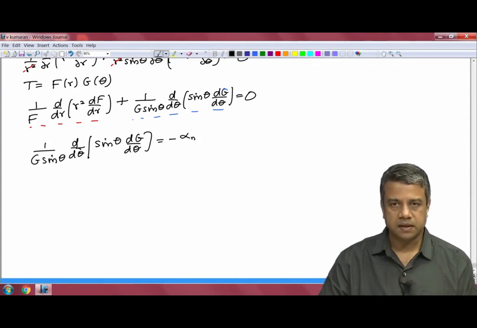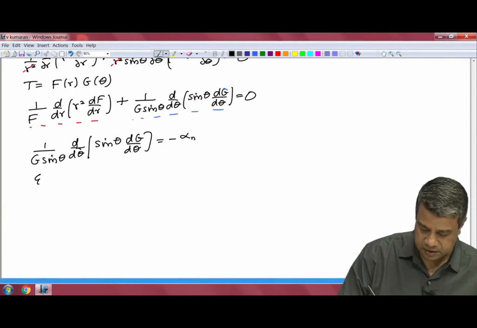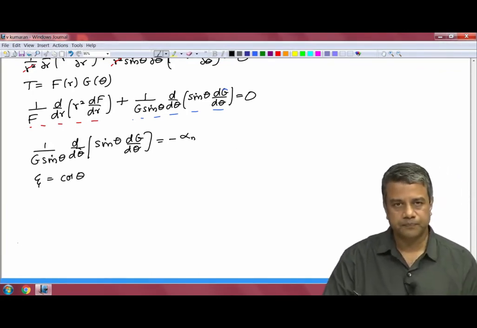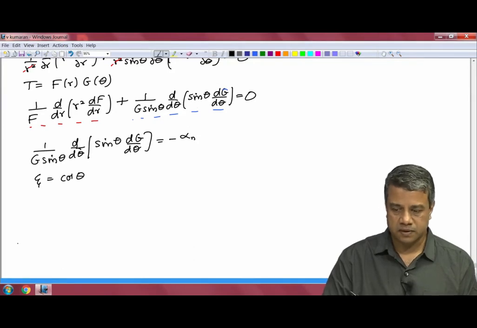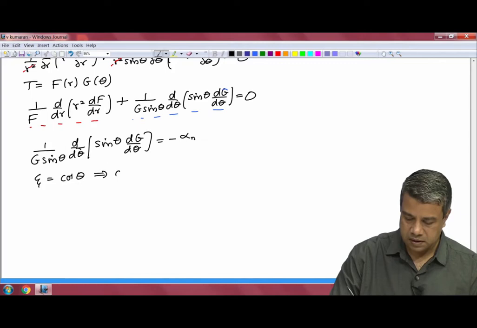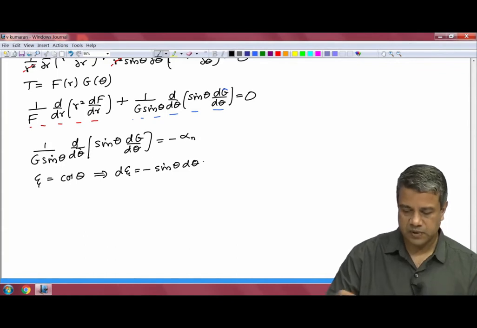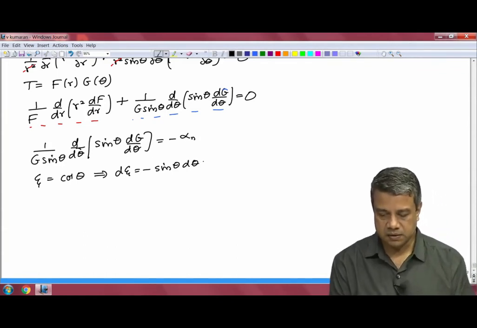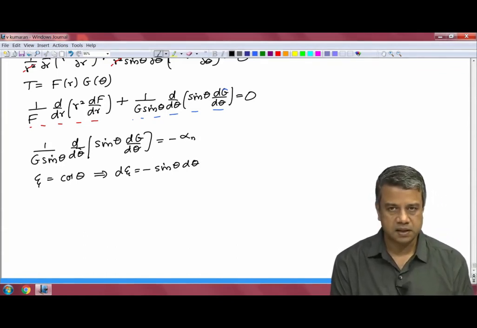Normally, this equation is solved by defining a coordinate psi, which is equal to cos theta. That implies that d psi is equal to minus sin theta d theta. So, d theta is equal to minus d psi by sin theta.